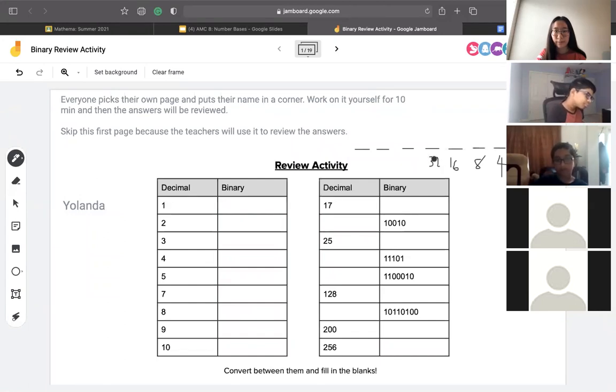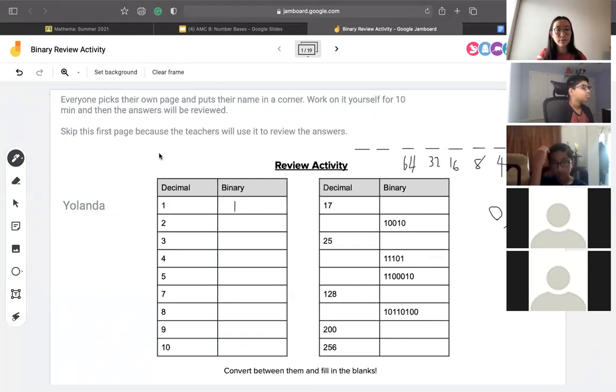And remember that binary is composed of zeros and ones. If you put a 1 in a place value, that represents the value of that place, and if you put a 0, then there's no value there. So for 1 in binary, you just put a 1 in the ones place. So it's just 1, same thing.